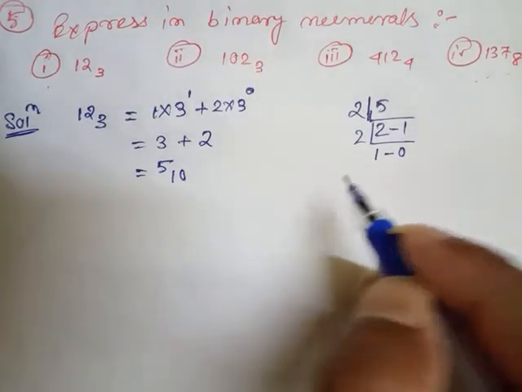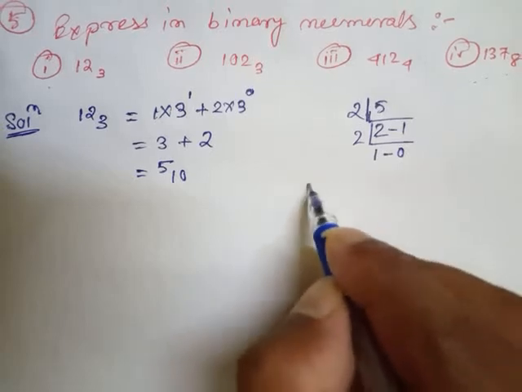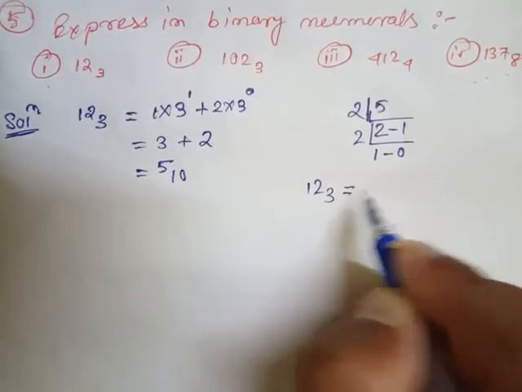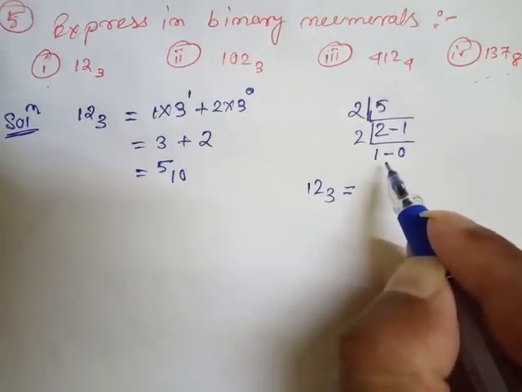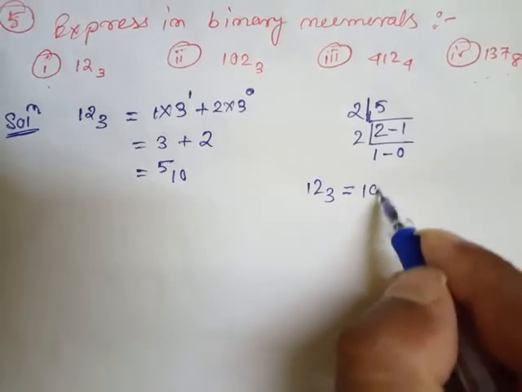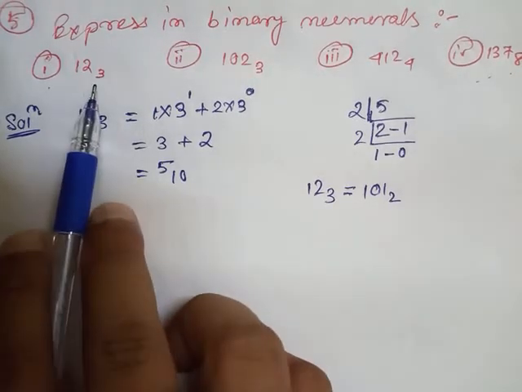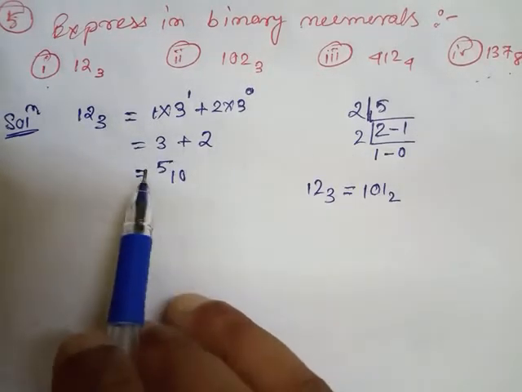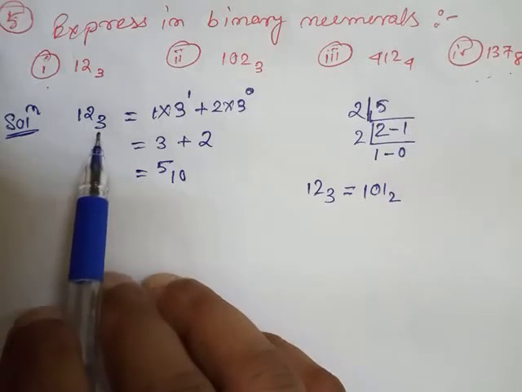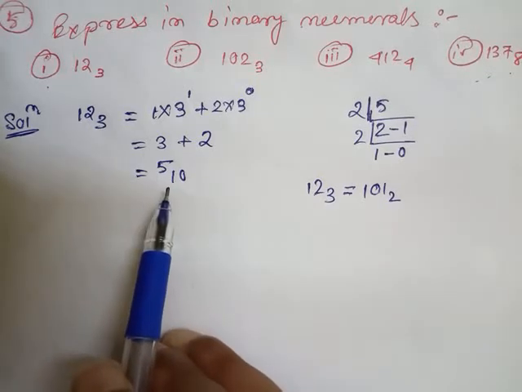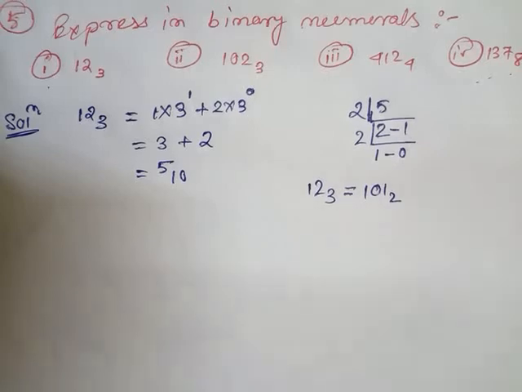So 12 base 3 equals the binary value. We will start from the bottom to the top: 101 base 2. This is the conversion of 12 base 3 to binary. Initially we do the conversion of 12 base 3 to decimal, meaning base 10, then decimal to binary.